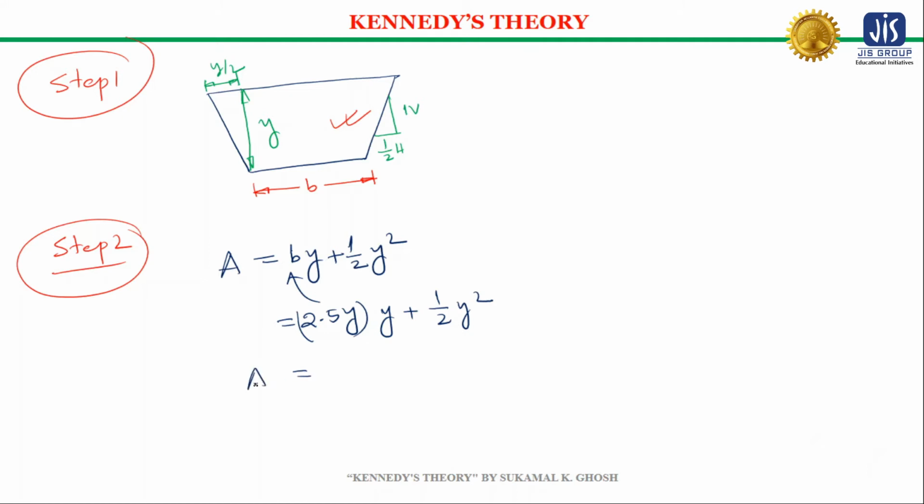So you will have A is equal to 2.5 y square plus 0.5 y square. So A is equal to 3y square.